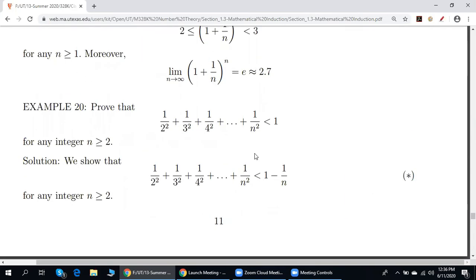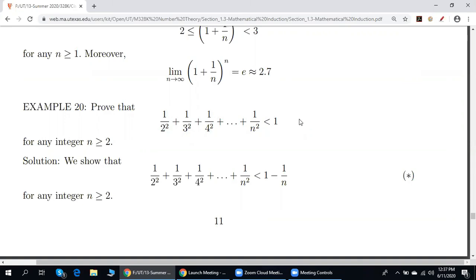Last example. We already discussed this inequality. And I said that we cannot use mathematical induction to prove this inequality directly because the right-hand side does not depend on n.